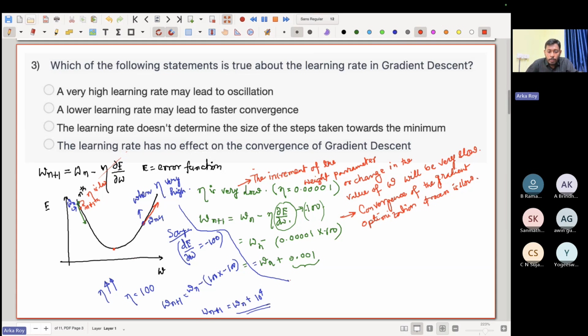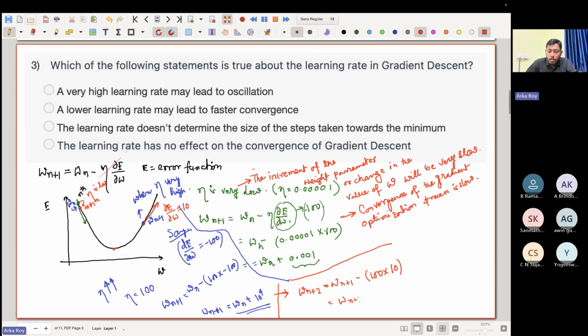Now if I move to the second iteration, Wn plus 2 is equal to Wn plus 1 minus eta, which is still 100. And let's say in this region, when you calculate the gradient, del E by del W is 10. So you multiply this with 10.